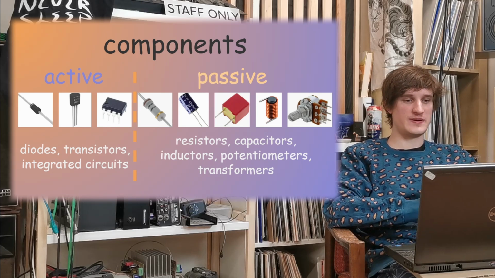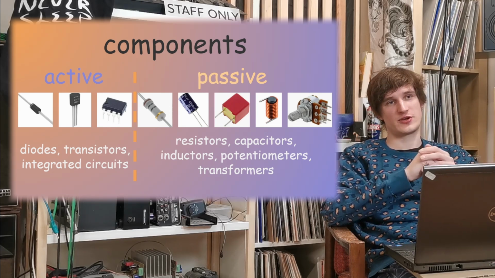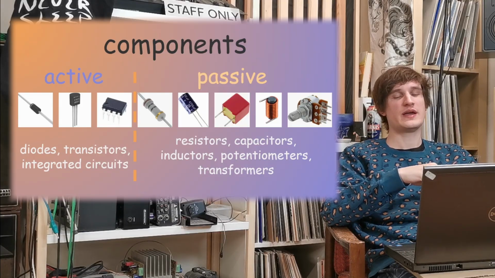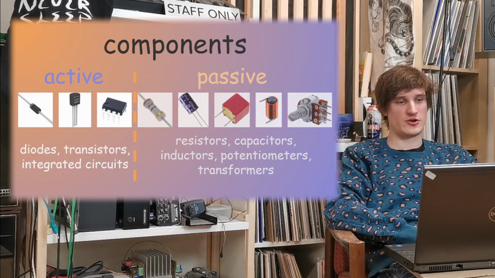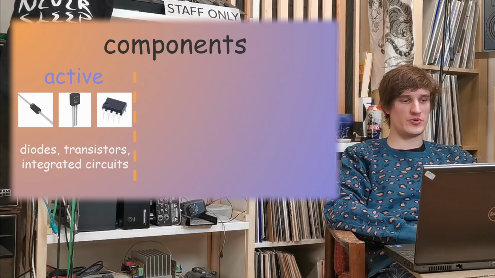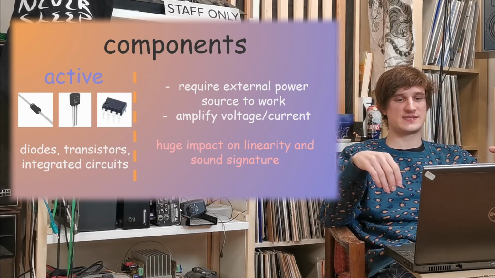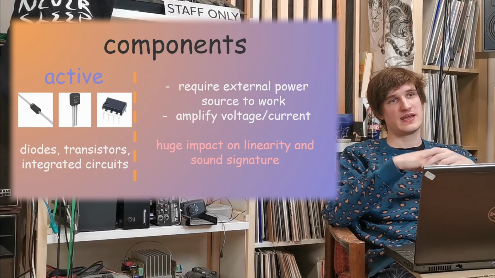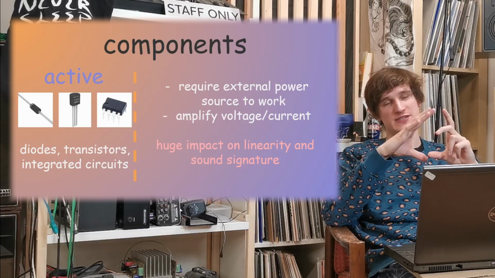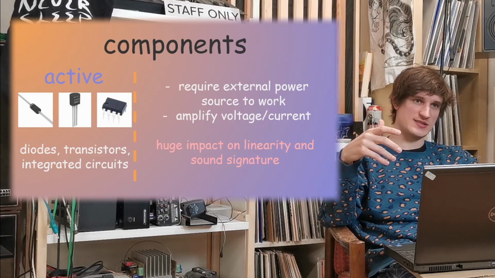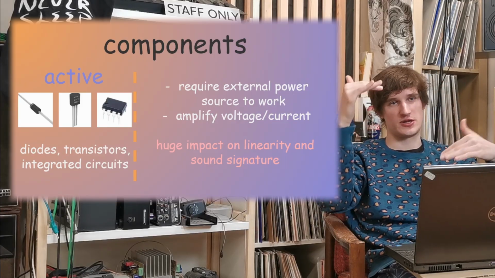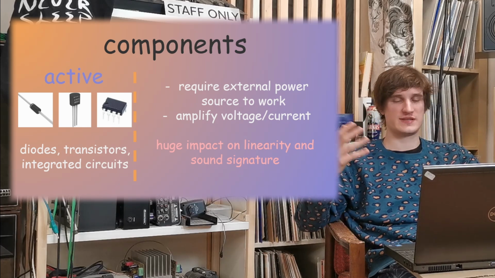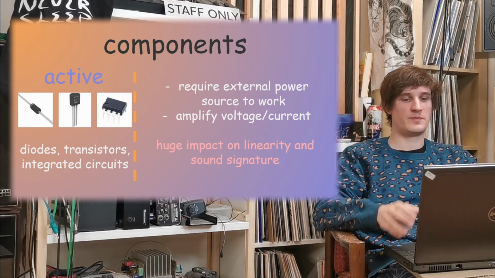So let's get back to speaking about components, and I want to say a bit more about what active components are. Active components are essentially components that require an external power source to work. For example, a diode to conduct must be polarized. A transistor also needs polarizing voltages for current to flow, and essentially needs some external power.